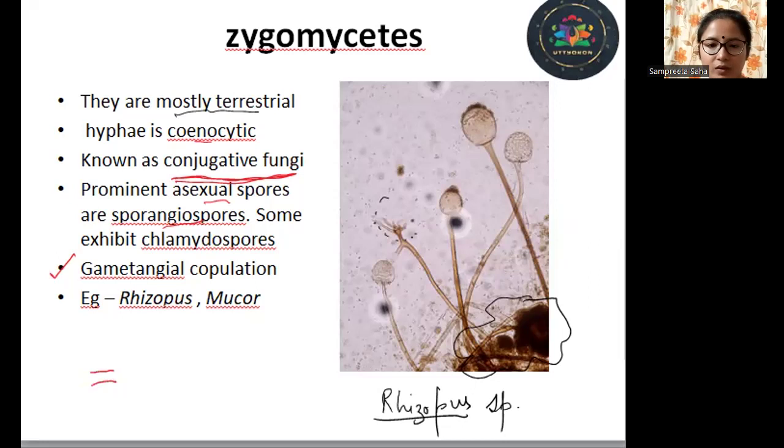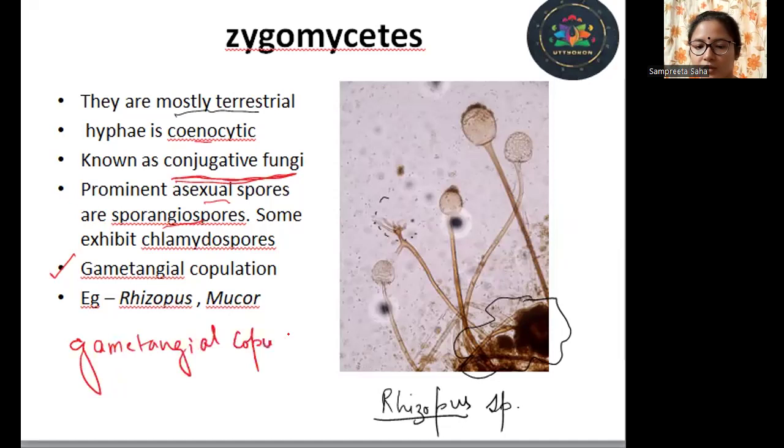I will rather dedicate a class on the different modes of reproduction because it is pretty much basic. There are at least two, three types. There are two most similar words, gametangial copulation and gametangial contact.